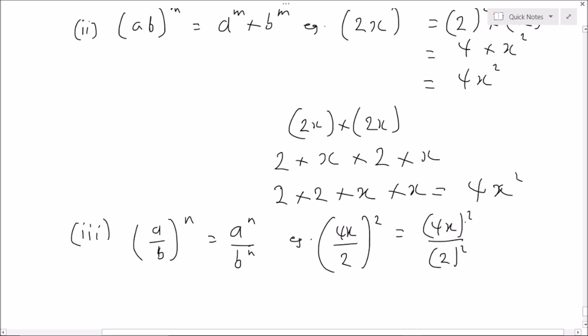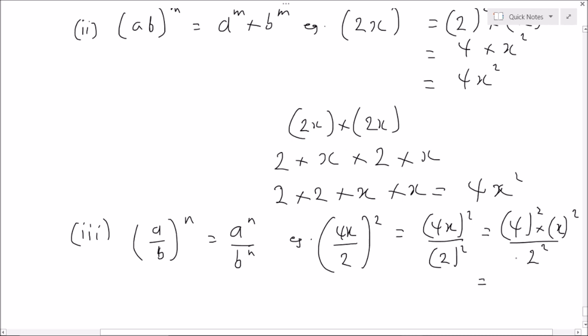Taking that the exponent 2 here affects the 4s separately and also affects the 2 at the denominator separately. Simplifying this gives us 4 squared times s squared all over 2 squared.